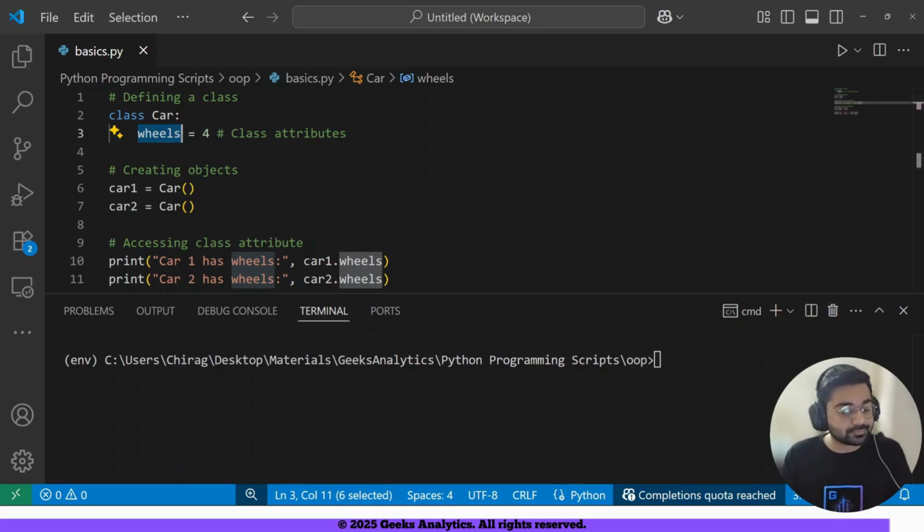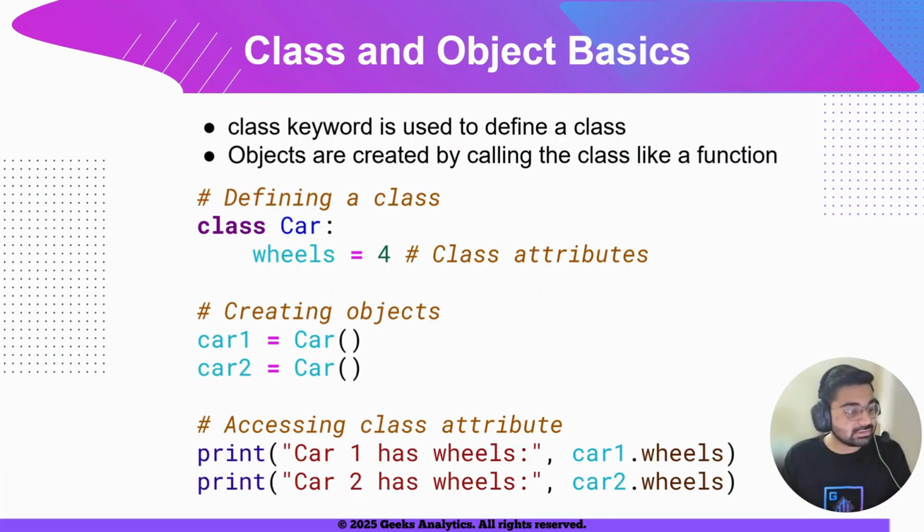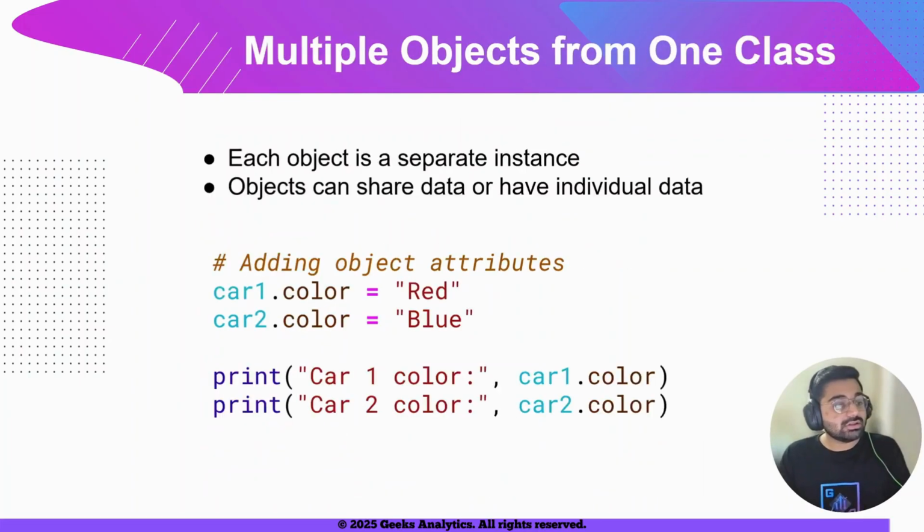But let's say we want to have multiple objects from a single class with different values. Each time we create an object from a class, it is a unique instance.